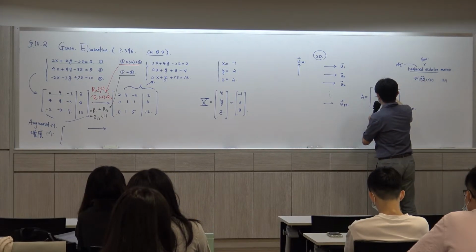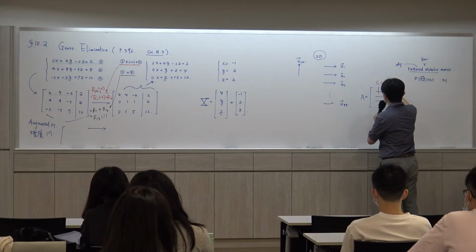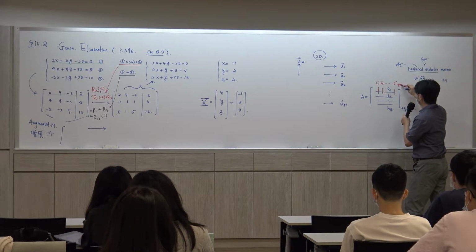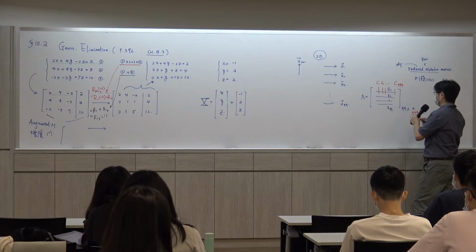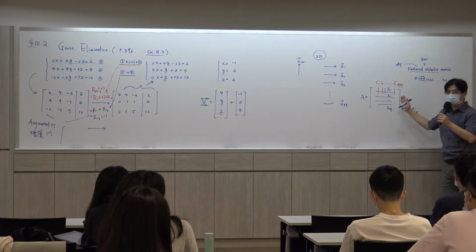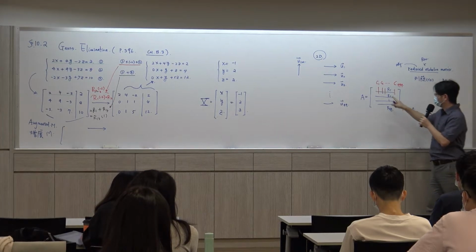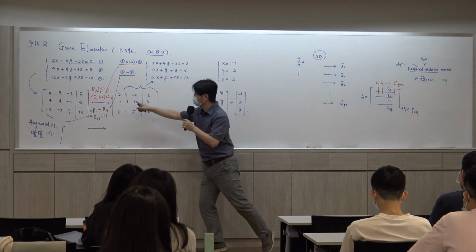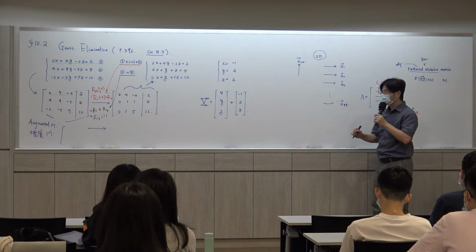So if you have column 1, column 2, column, so you have a lot of vectors here, right? So how many pivots here will determine the space we span.